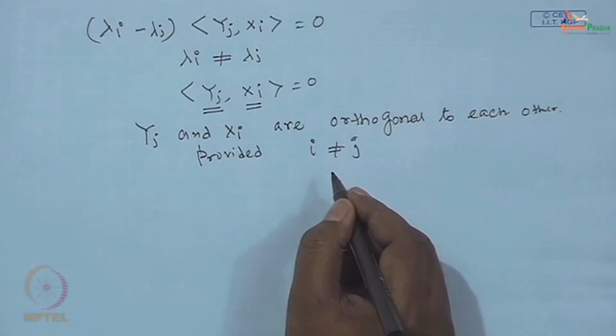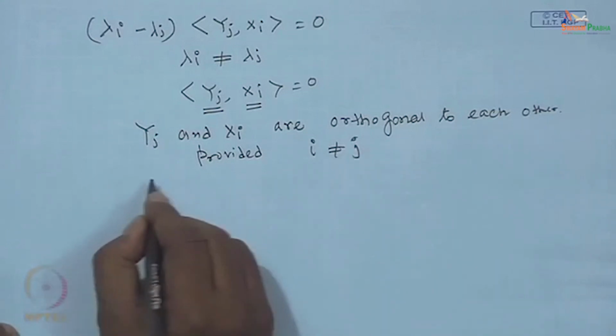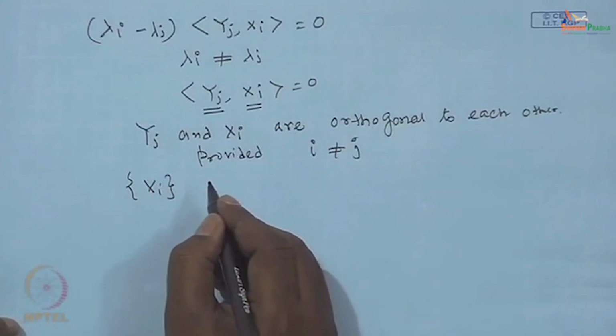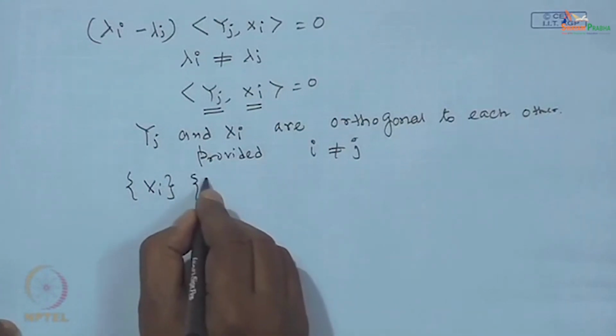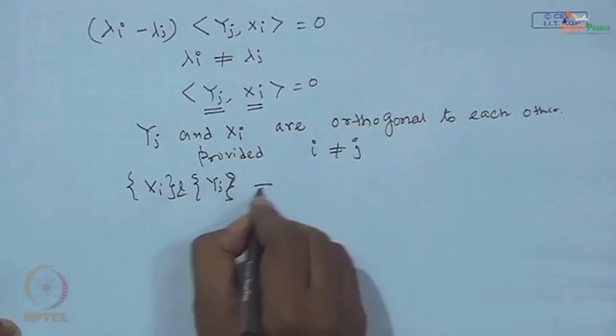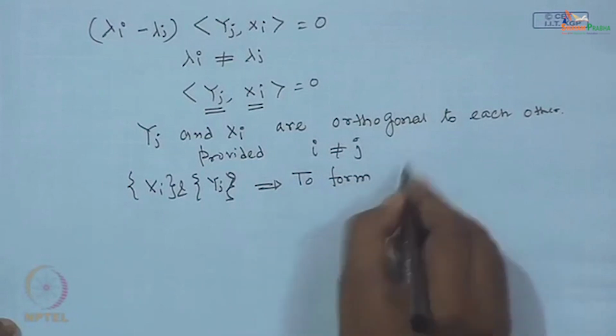So, this will be satisfied if I is not equal to j. This set of the eigenvectors of A and eigenvectors of A transpose is called a bi-orthogonal set.